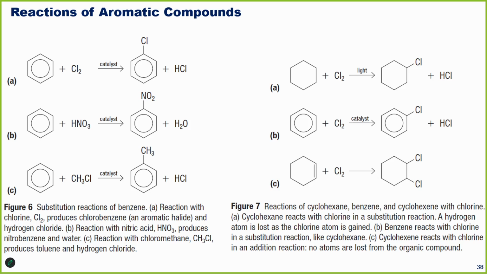Benzene reacts more like a saturated hydrocarbon because of the specialized bonding in the benzene ring. This concept is illustrated in Figure 7. So have a look at all of these reactions, make sure you know the concept here, okay?